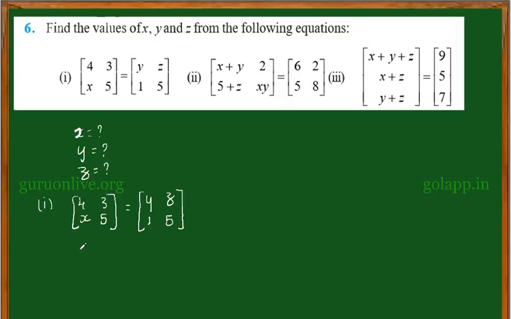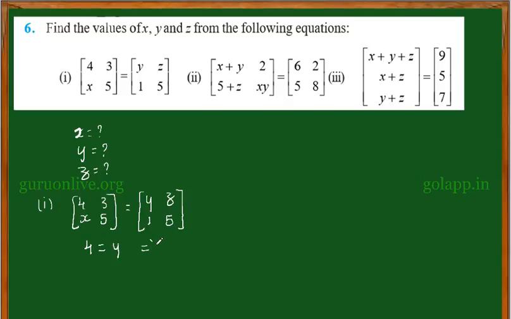It is clear that the matrices on the LHS and RHS are both square matrices. That is, the number of rows and number of columns are equal. So we can equate the numbers. The first row first column in the LHS is 4, which is equated to the first row first column in the RHS, which is y.